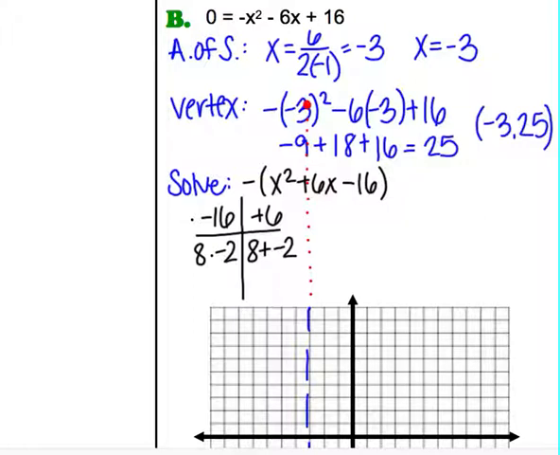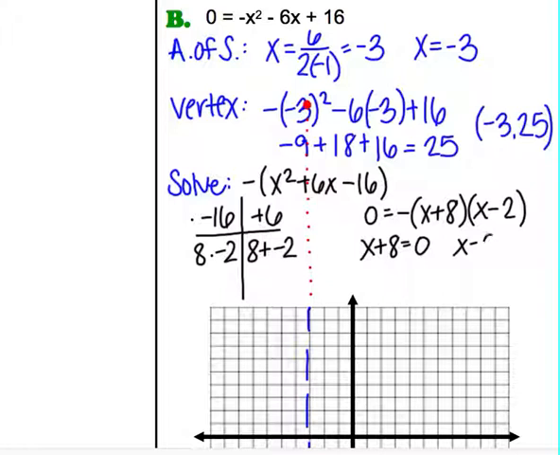So I get here that 0 equals the negative of x plus 8 times x minus 2, which means that x plus 8 equals 0, or x minus 2 equals 0, which makes x equal to -8 or +2. So we have -8, 0, and 2, 0.